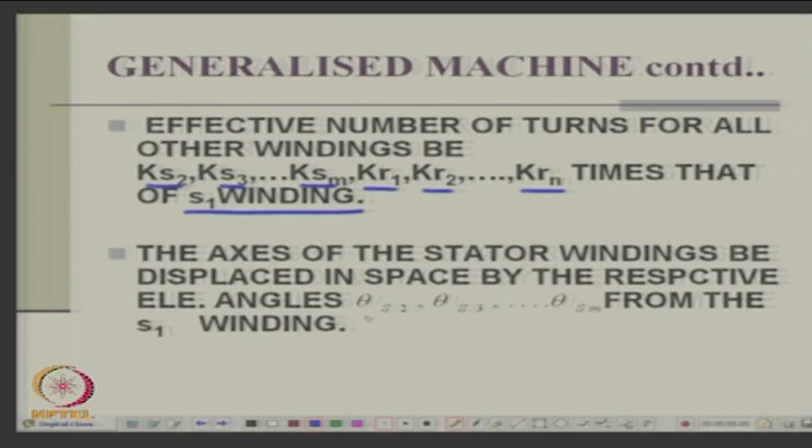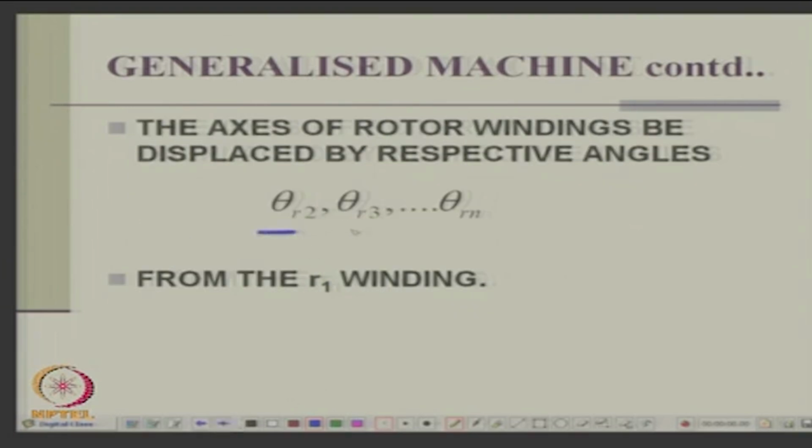Theta S2 is the angle of the S2 winding with reference to the S1 winding, theta Sm is some angle from the S1 winding, and we can always say alpha is equal to e to the power of j theta. Similarly, theta R2, theta R3, theta Rn for the rotor: the axes of the rotor windings are displaced with reference to the R1 winding.